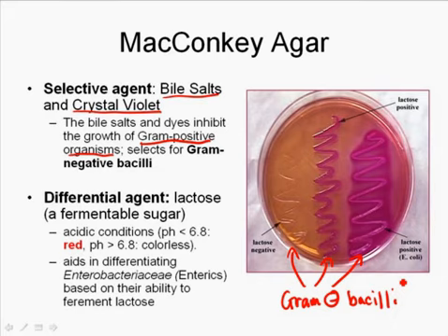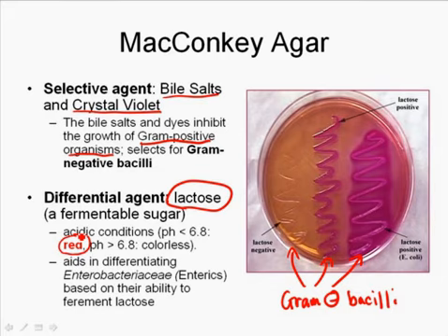So now, how can we differentiate, how can we distinguish amongst members of the gram-negative enterics? We do so based, again, on their ability to ferment lactose. As we talked about before, lactose is a disaccharide that can be fermented by particular members of the family of enterics. Under acidic conditions, there is a pH indicator within the plate that will turn red under acidic conditions.